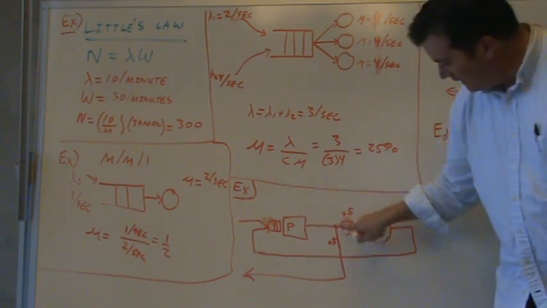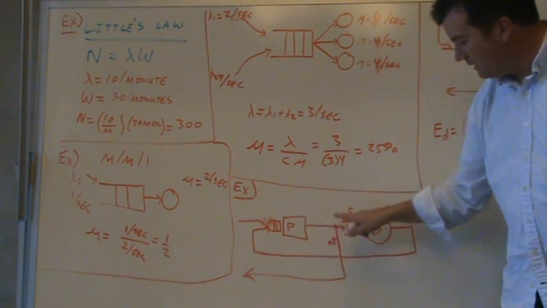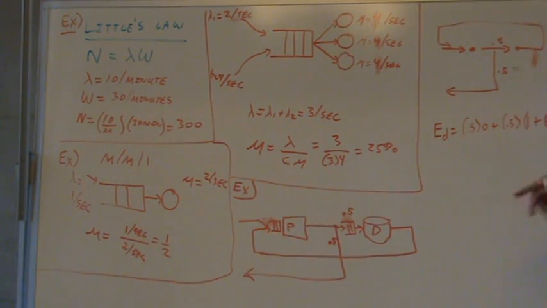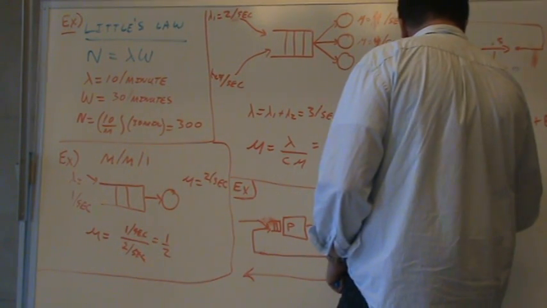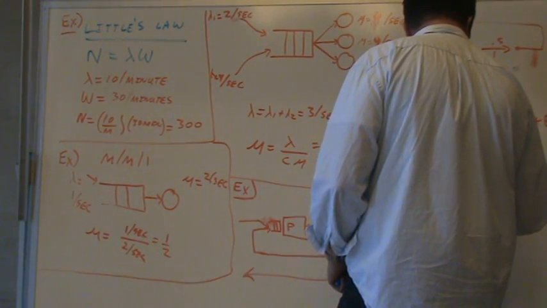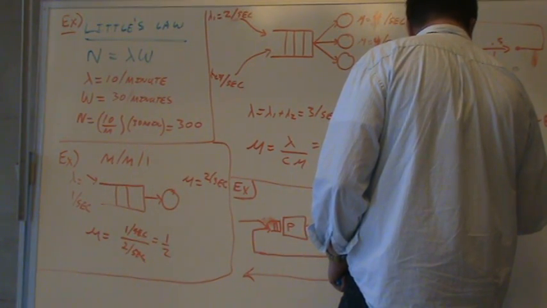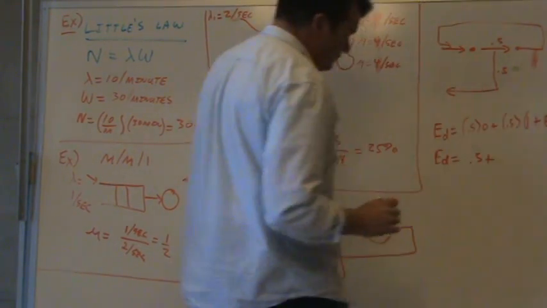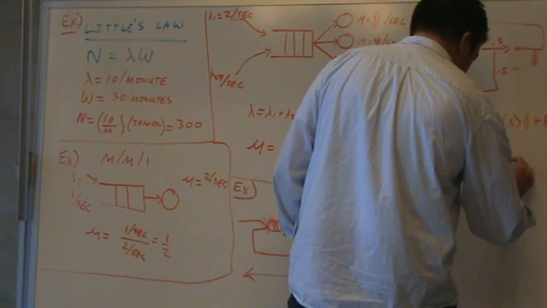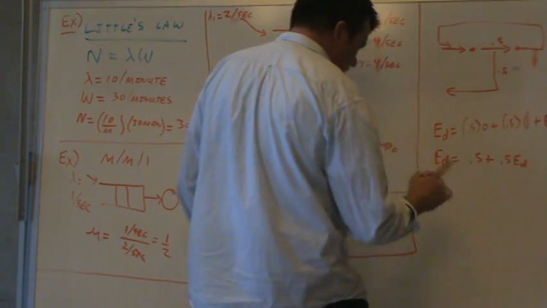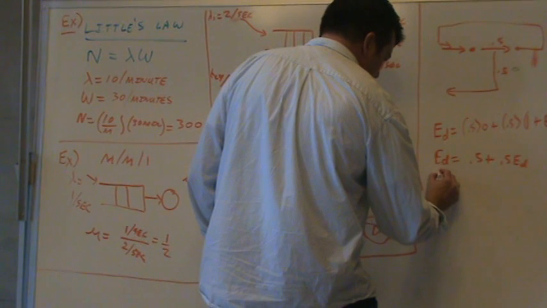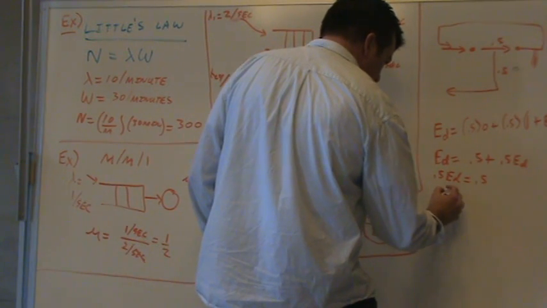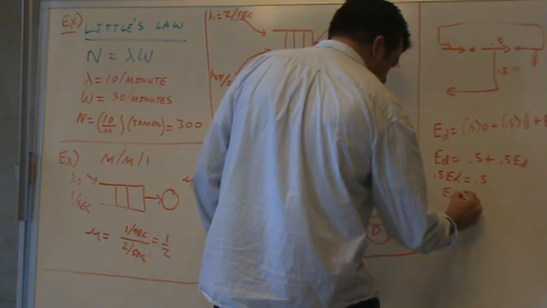Half the time you will exit and never hit the disk drive. The other half of the time you'll visit it once, and then you're really starting over again: once plus whatever this number is. So the expected number of trips to the disk drive would be a half plus a half of E of D, which means a half ED equals a half, which means ED equals 1.